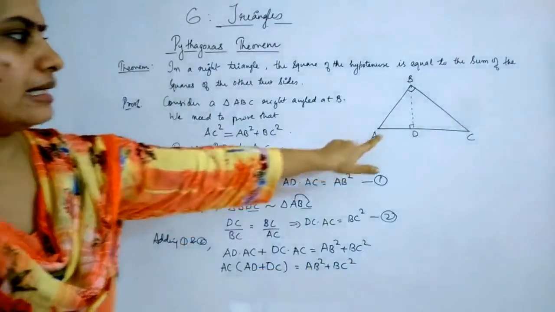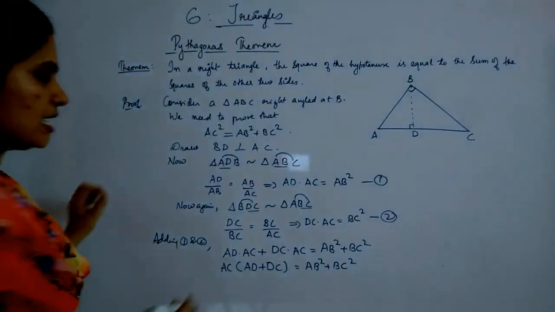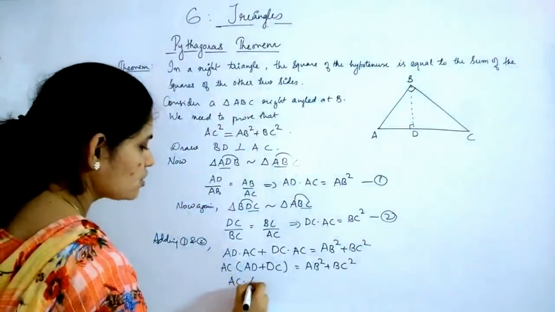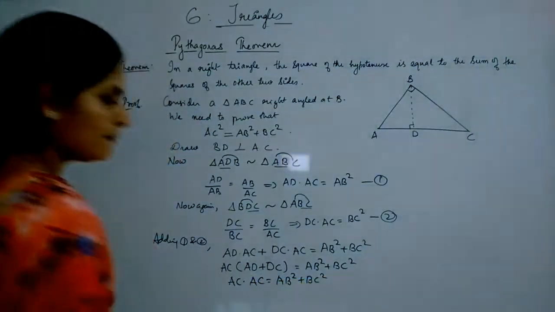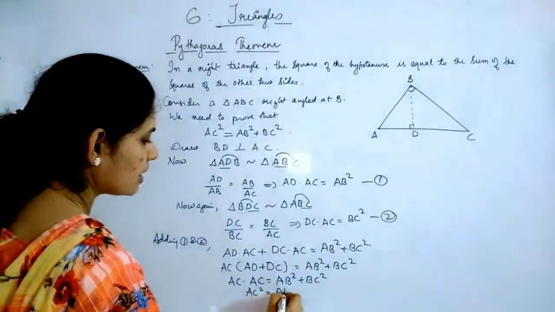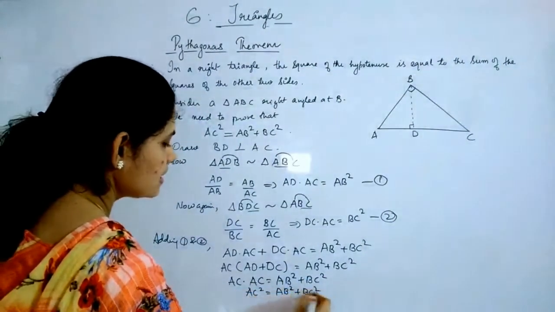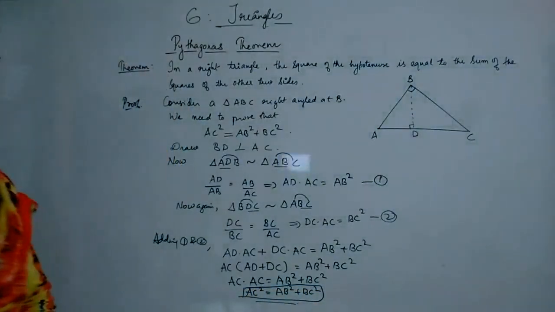Now what is AD plus DC? From the figure you can see that it is AC. So you will get AC into AC is equal to AB square plus BC square, that is AC square is equal to AB square plus BC square, which is what was required to be proved.